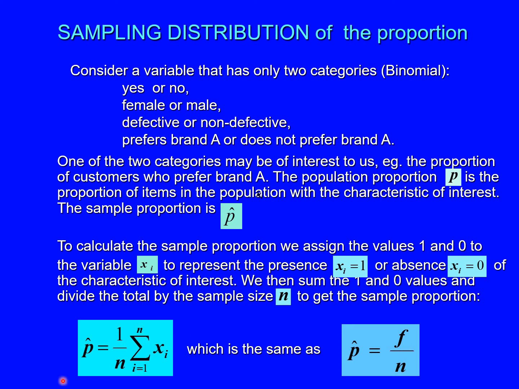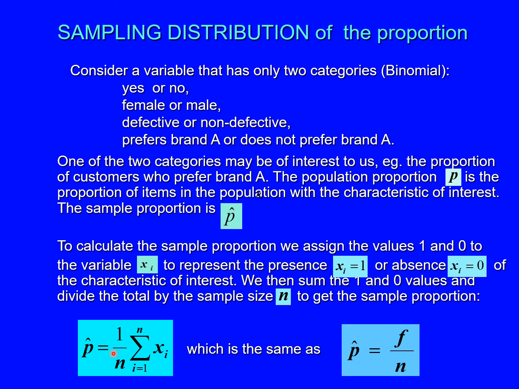But this applies only if we give the variable values 0 and 1. The average equals P hat only in this situation. If the variable has values 1 and 2, not 0 and 1, then this law doesn't apply. It can be applied only if the variable has two values only, 0 or 1.